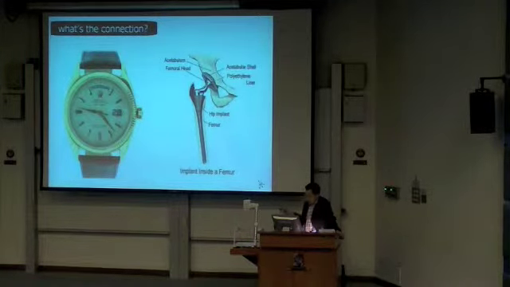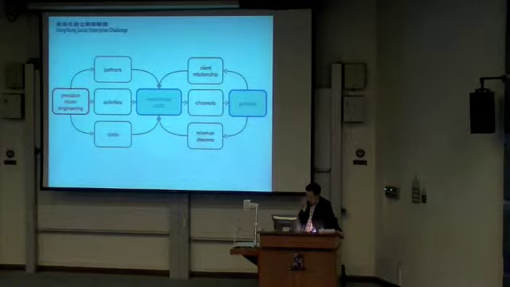What's the connection between a Rolex watch, a mechanical one, and this joint? It's a joint in the bone, okay, in the hip. The hip implant is the artificial hip device that supports the leg. So the company is selling or manufacturing the mechanical joint.